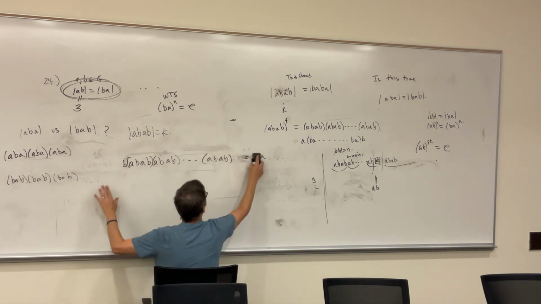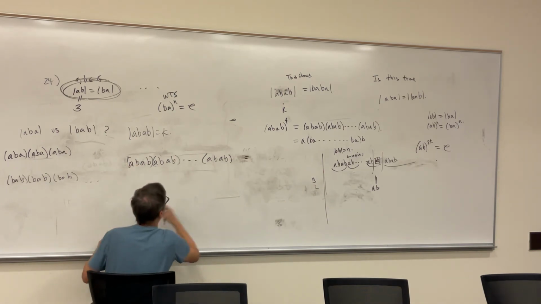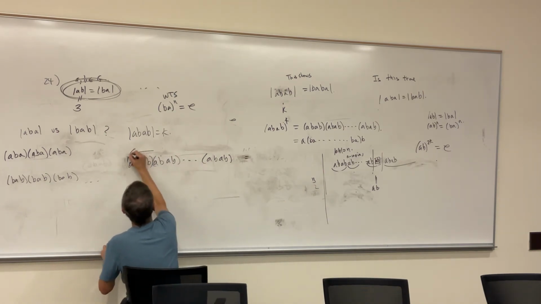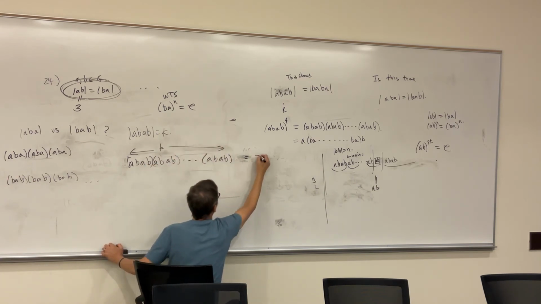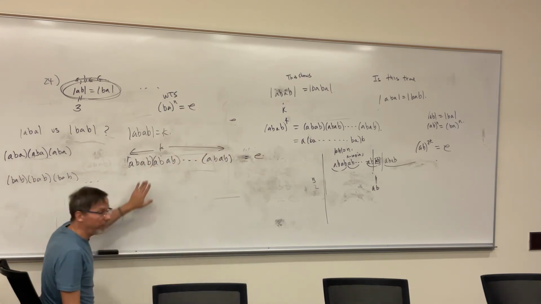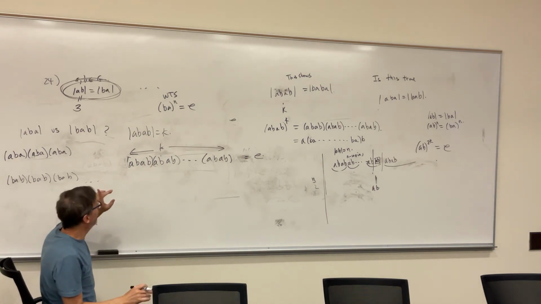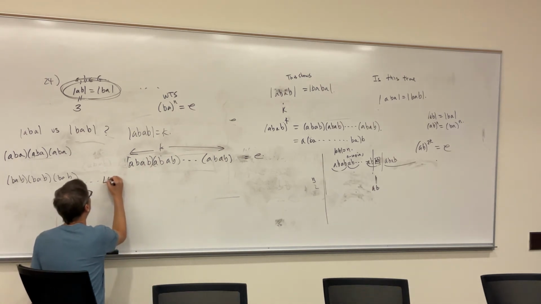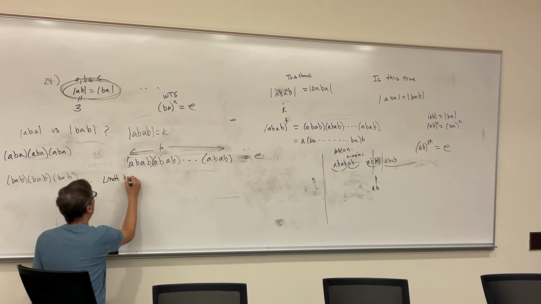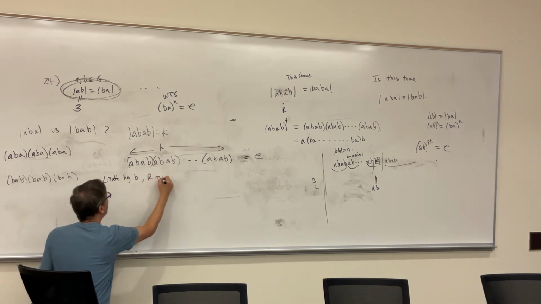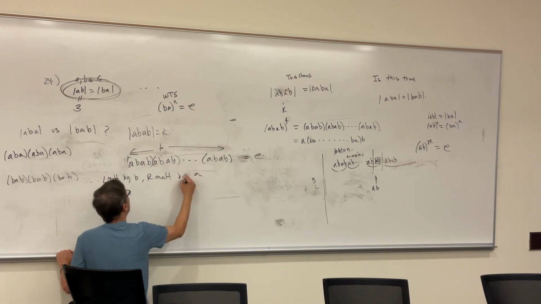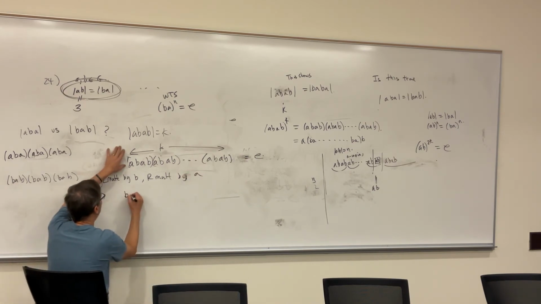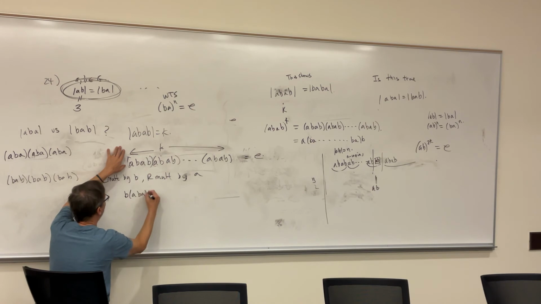So, let's look at the argument again. Here I've got K, if the order of this is K, this equals E, right? So I'm writing that out. Then we're gonna left multiply by B. I'm gonna right multiply by A. And then what we're gonna get is B, and let's keep all the parentheses and stuff in here.